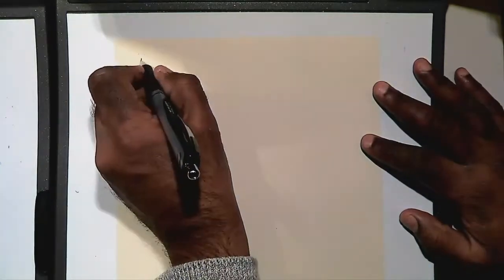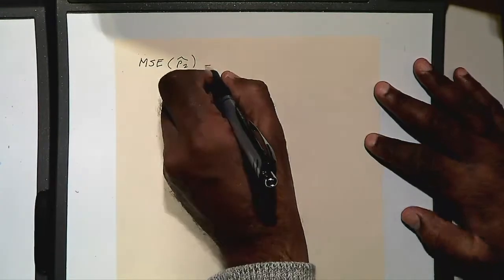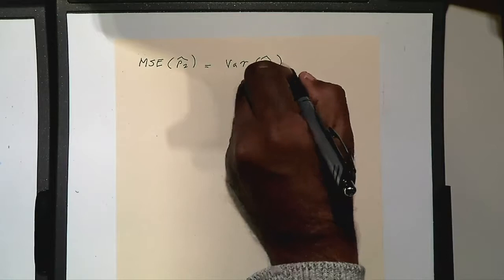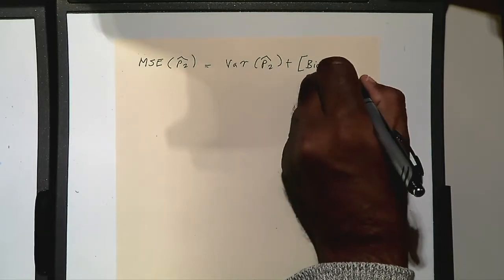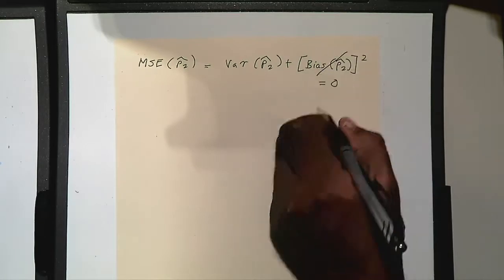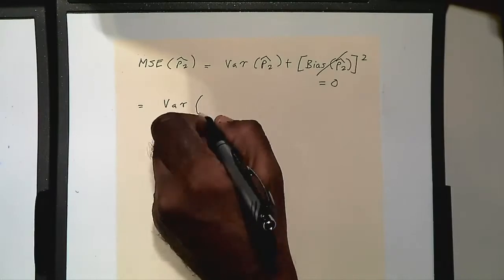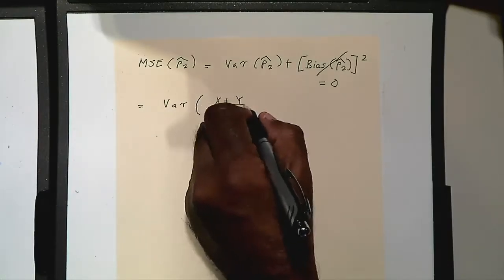Now let's do the same thing for the MSE for the second estimator. Once again, this is the variance of P2 hat plus the bias. We know that this guy is 0. So this is the variance of x plus y divided by m plus n.